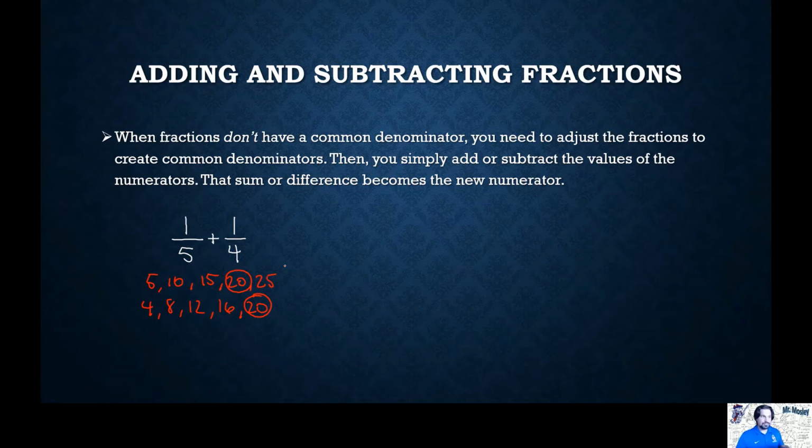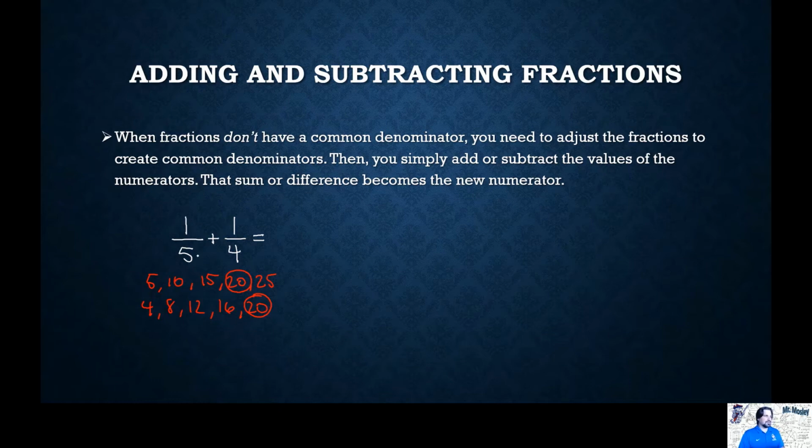All right. So excellent. This is now where we can take our next step. We have a common denominator, a common number that both 5 and 4 are a factor of. So what I can do, say, okay, well, to get from 5 to 20, I have to multiply by 4.